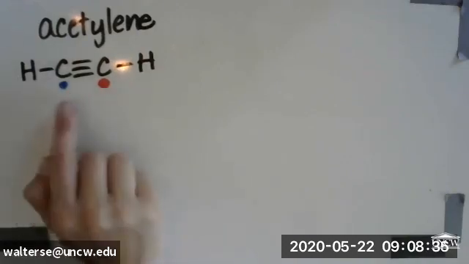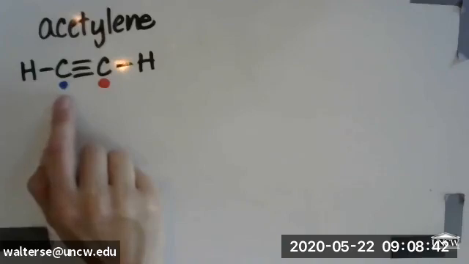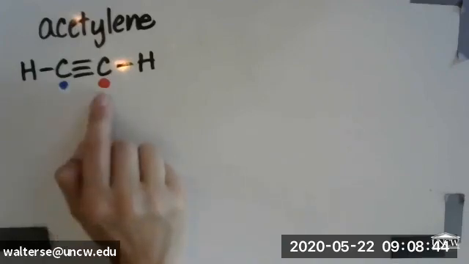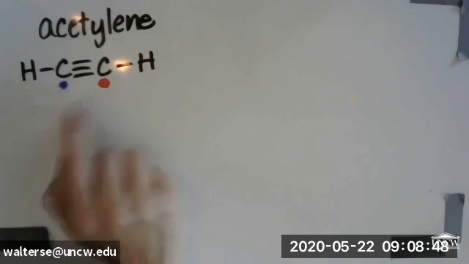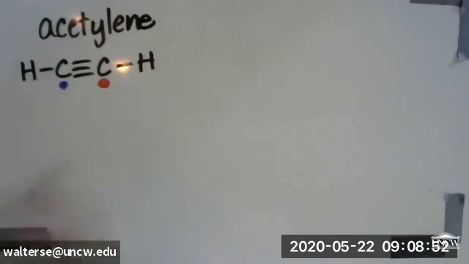So if we hybridize the blue carbon, it's going to be the same as what we would do for the red carbon. We're kind of doing both carbons at the same time, only it would be an individual activity for blue carbon versus red carbon.